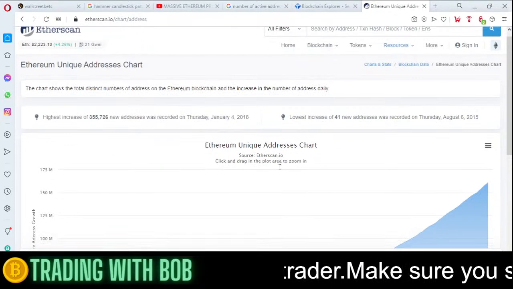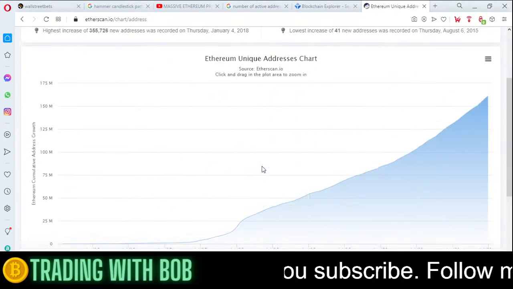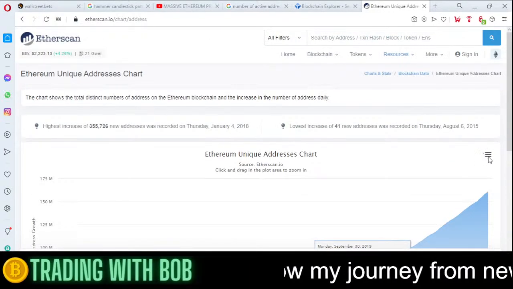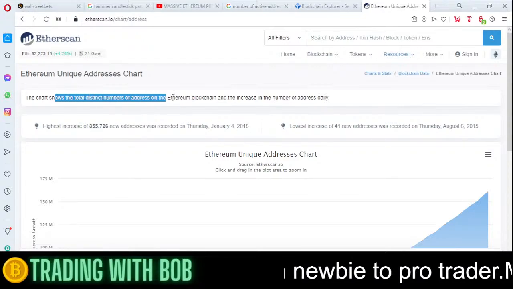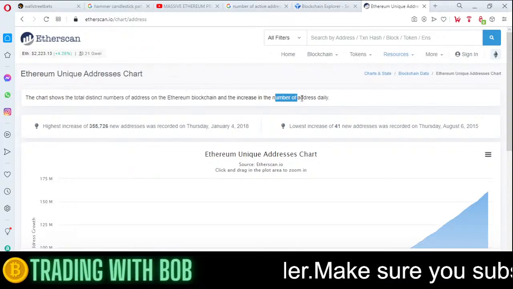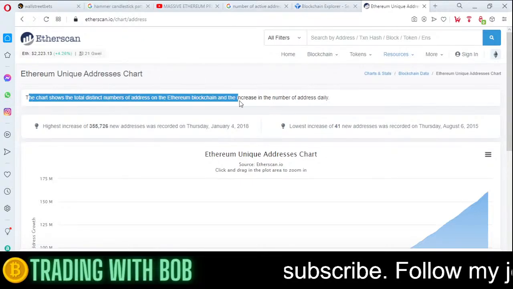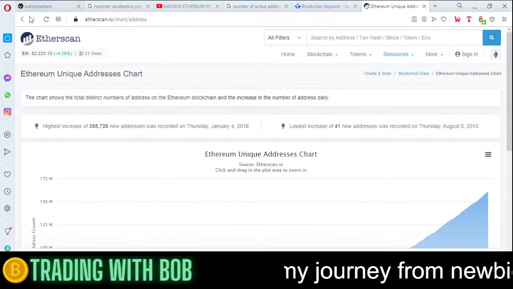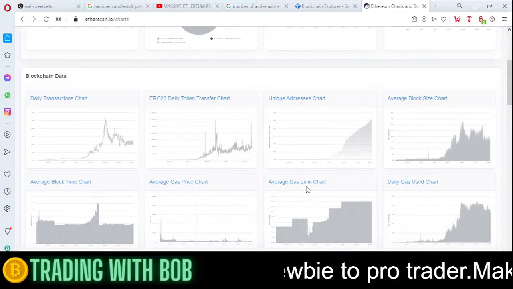Unique addresses chart. Wait, what are they active though? That's the thing. Unique addresses. No, it doesn't tell you. You click and drag to zoom in. No, I need the one that's active. This chart shows the total number of addresses on the Ether blockchain. I don't care about the addresses because people just make them, but I need active daily.